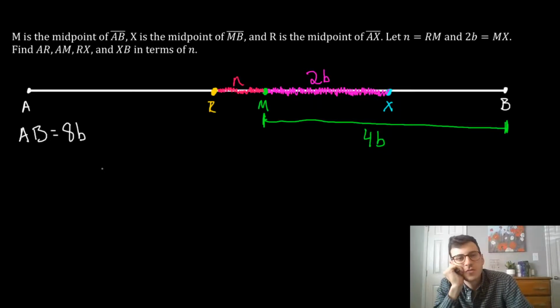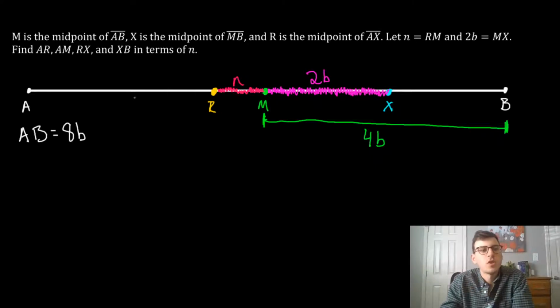All right, so now let's see if we can use that to figure out all of these other different pieces. Like what's AR? And then we can maybe find RM. Since R is the midpoint of AX, what's the length of AX?